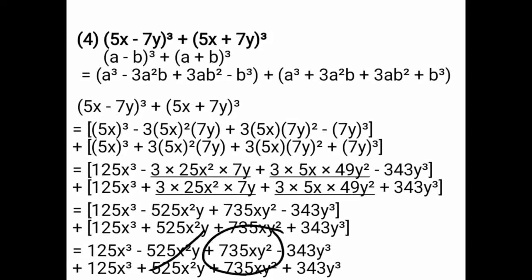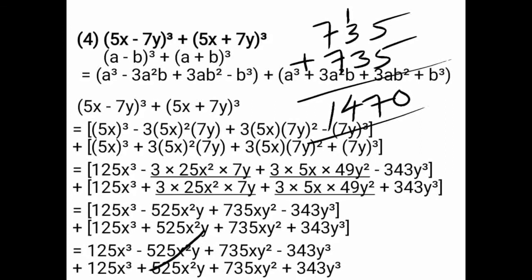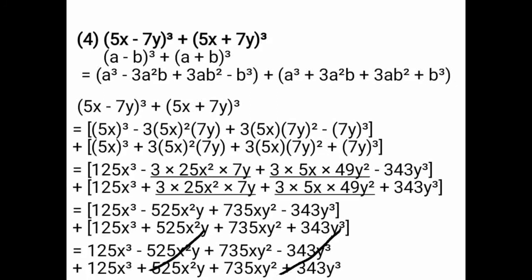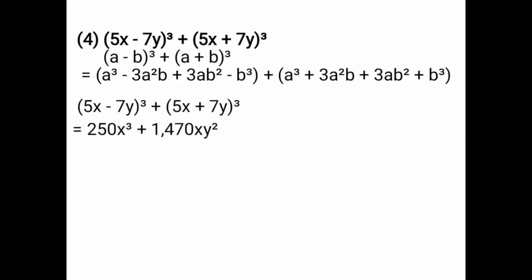Add this. If I add 735 plus 735, the answer is 1470. So the answer will come here 1470xy square. Then minus 343y cube plus 343y cube get cancelled. So the final answer is 250x cube plus 1470xy square.